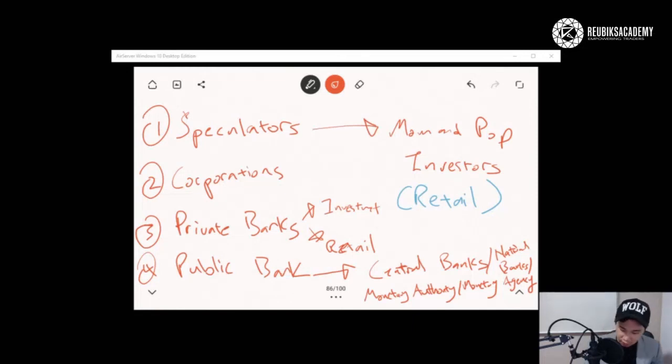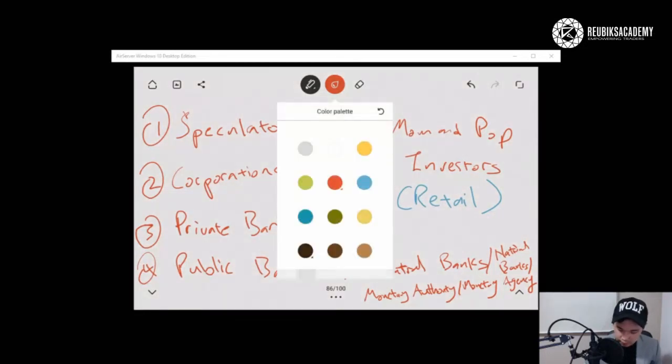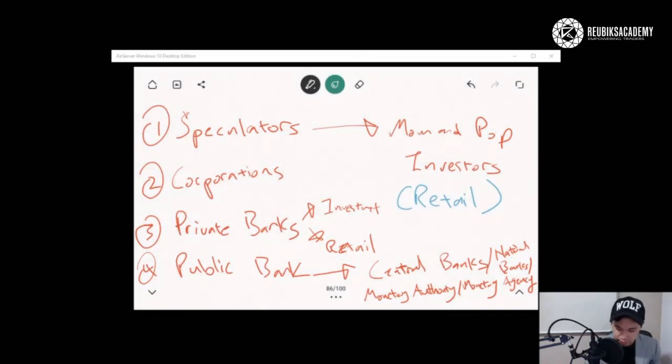There's another word that you will see very commonly in the financial industry, and that word is institutions.